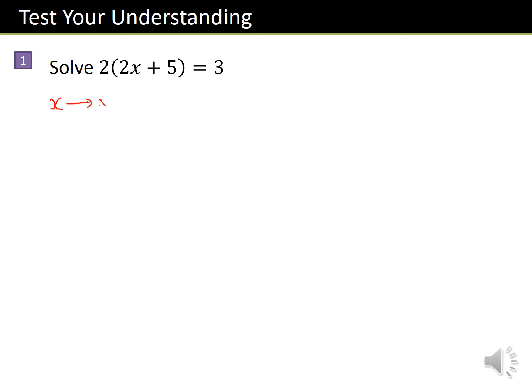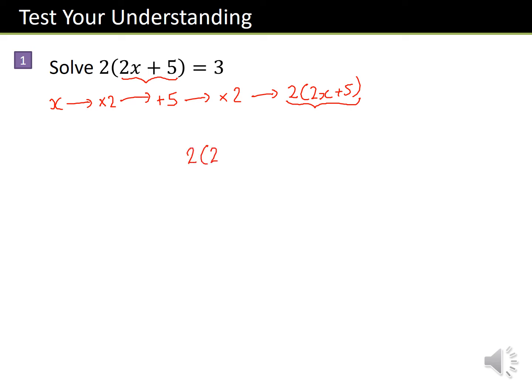First thing we do is times 2 to get 2x, then we'd be adding 5, so we've got 2x plus 5, and the next thing we'll be doing is timesing that whole thing by 2. So if we put x through this function machine, we end up with this. It can be really useful to draw a function machine because it helps you work out what order you need to undo it in.